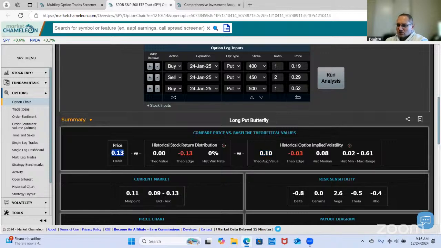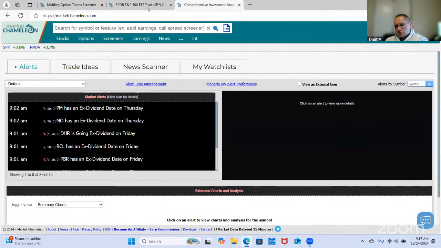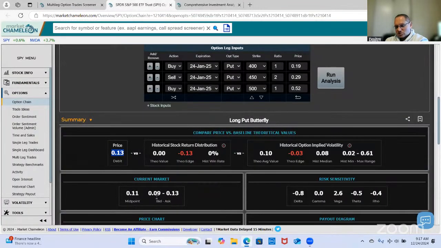I think it traded at, let me go back to it. So here, the VWAP price is 18 cents. Okay. So it closed, you could see, lower, between 9 cents and 13 cents.